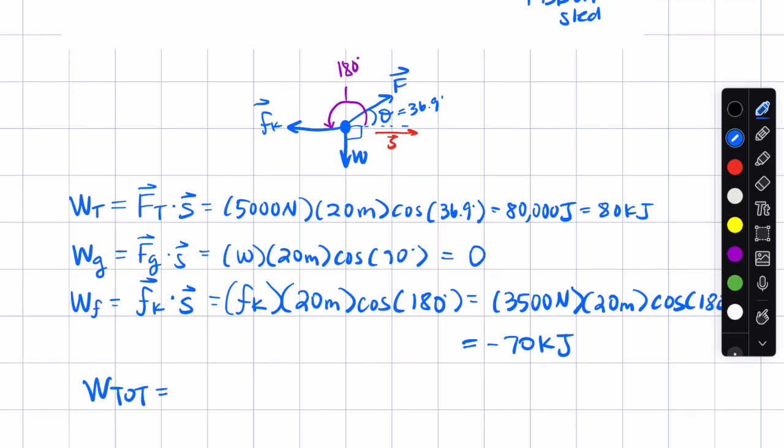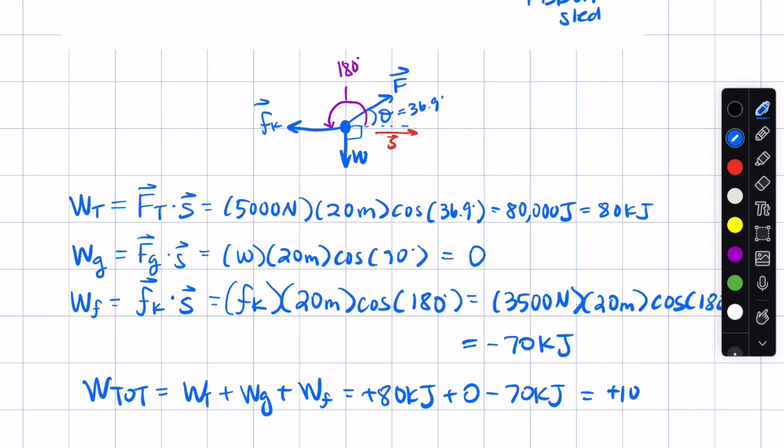Okay, so what's the total work done then? All the individual works, tractor, gravity, friction, we get plus 80, plus 0, minus 70. So the total work done is plus 10 kilojoules.